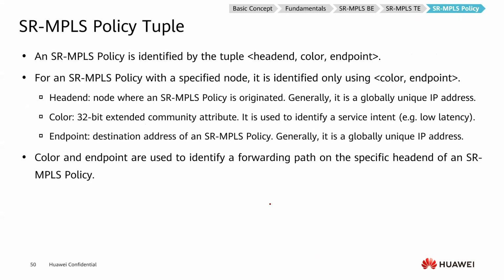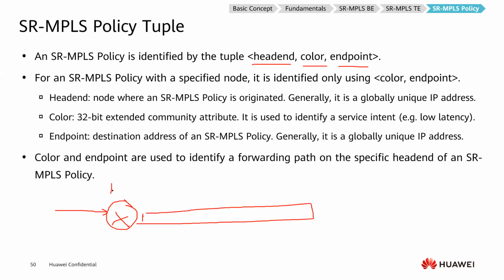So what to do? SR policy has a tuple called headend, color, and endpoint. Headend is the source node where the traffic comes in to use the SR policy. The other device is the endpoint, which is the destination, for example another PE, PE1, PE2.